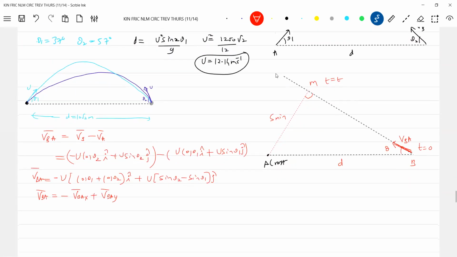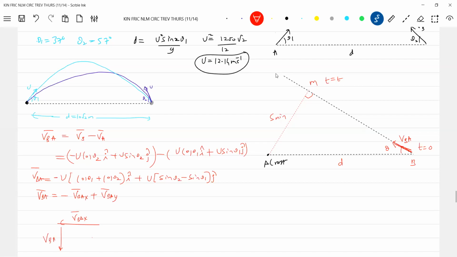Okay, look at the triangle, how the triangle will be. This is VBAy and this is VBAx and this is VBA, and this is the angle.